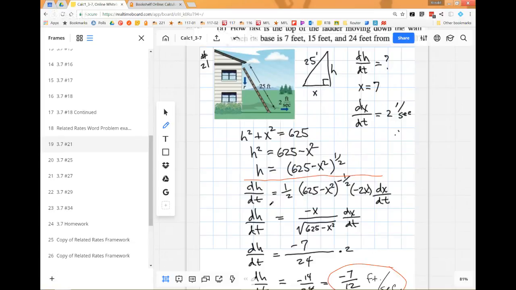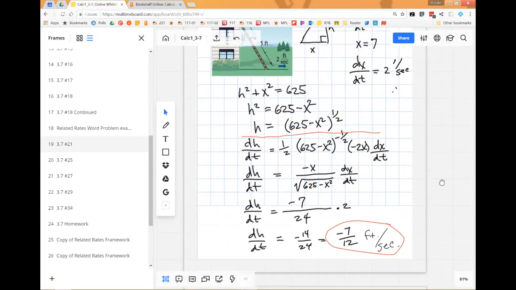So let's do the implicit differentiation. On the left side, dh/dt. On the right side, we do the power rule, 1/2 times 625 minus x squared, lower the power by 1. Chain rule, negative 2x. Chain rule again, dx/dt, because we're differentiating not with respect to x, but with respect to t.